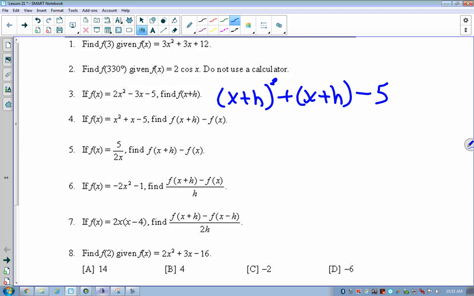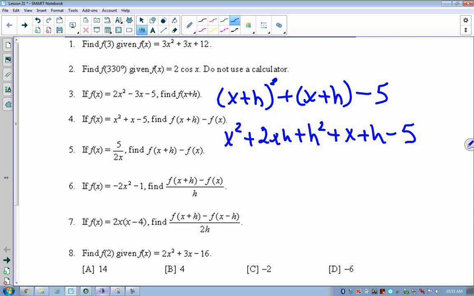The more you do this, the more you begin to see the pattern: x plus h squared is always x squared plus 2xh plus h squared. So I have x squared plus 2xh plus h squared plus x plus h minus 5, right?